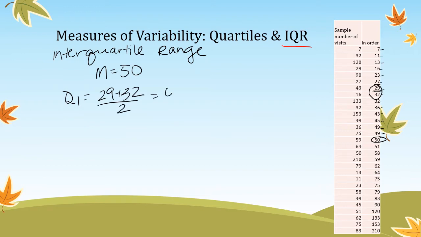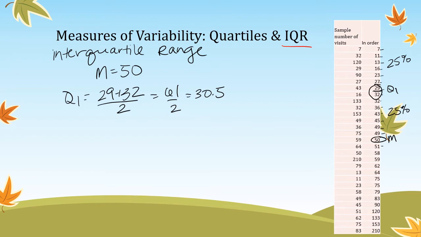So that's 61 over 2, which is equal to 30.5. So our first quartile is 30.5. That means 25% of the data is going to fall here, and this is our quartile 1. Then we know another 25% of the data is going to be here, and it's going to go from quartile 1 to our median.